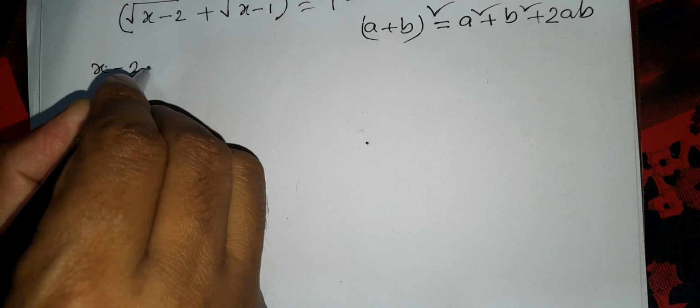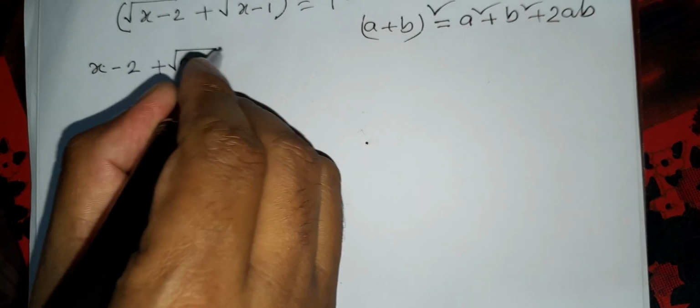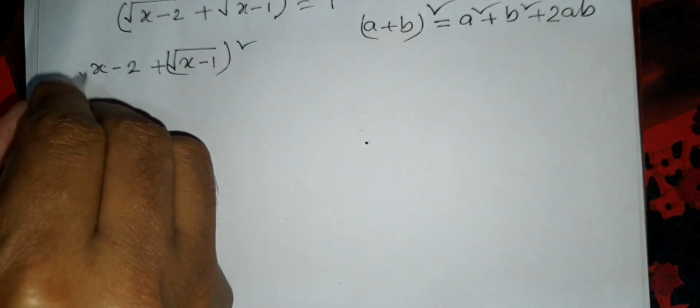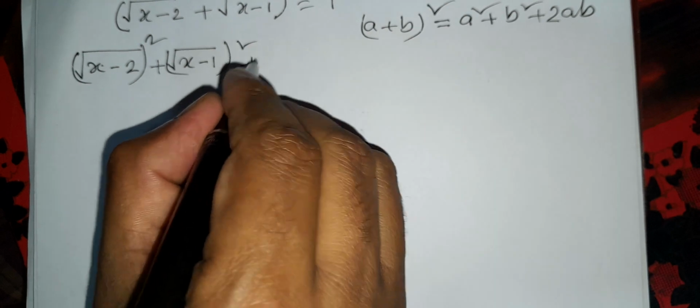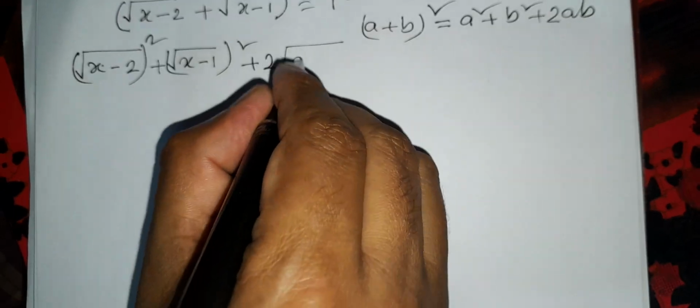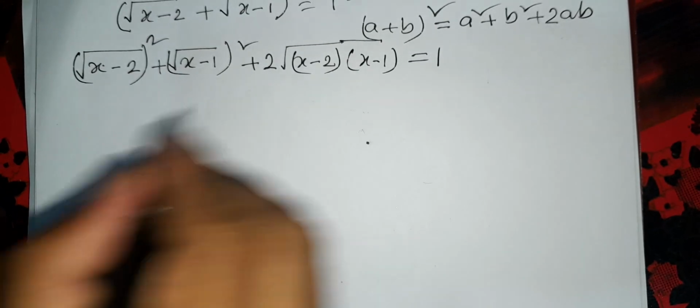x minus 2 plus x minus 1, plus 2 into root over x minus 2 root over x minus 1 equal to 1.